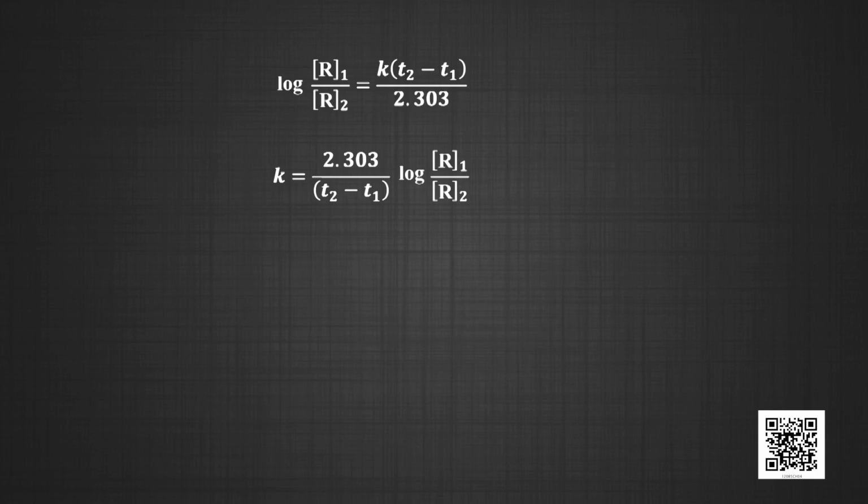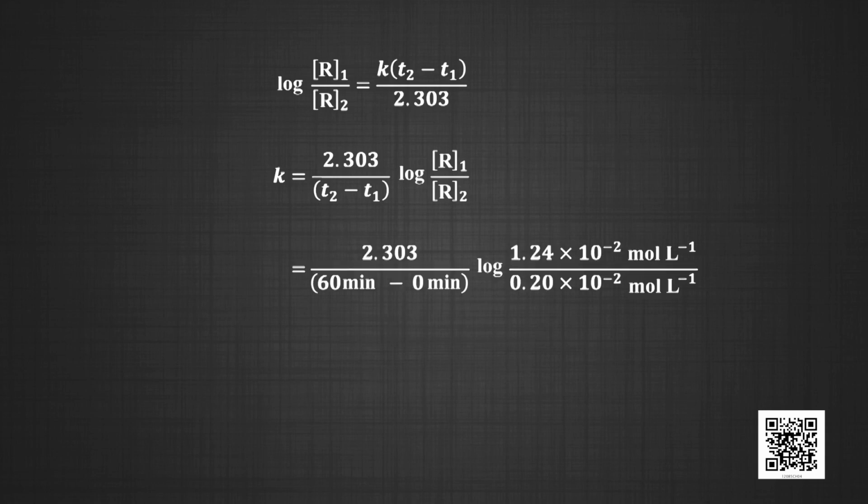Now I am just putting the values: 2.303 divided by 60 minutes minus 0 minutes, log 1.24 into 10 raised to power minus 2 moles per liter divided by 0.20 into 10 raised to power minus 2 moles per liter. After calculation, it will come out to be 2.303 divided by 60 log 6.2 per minute. The value of k will be equal to 0.0304 per minute.